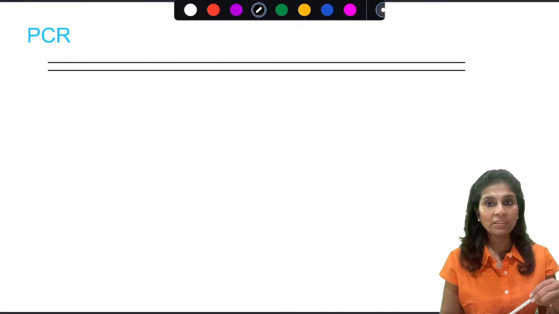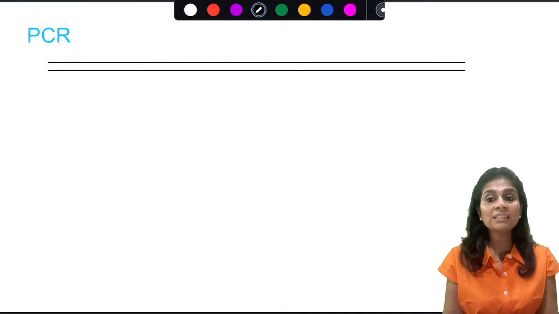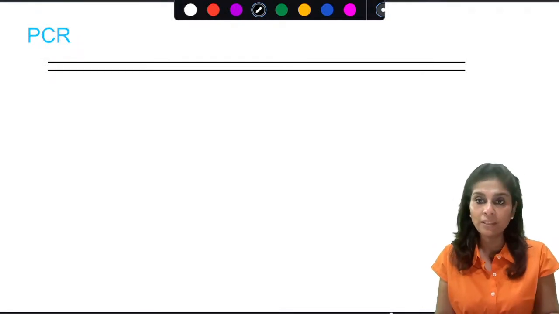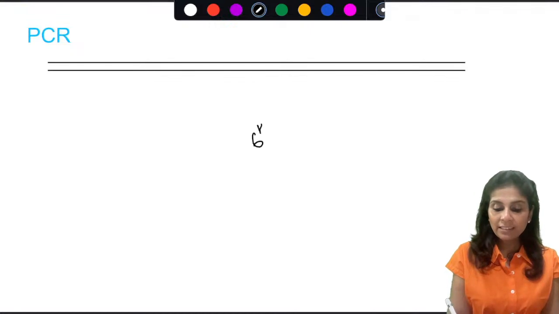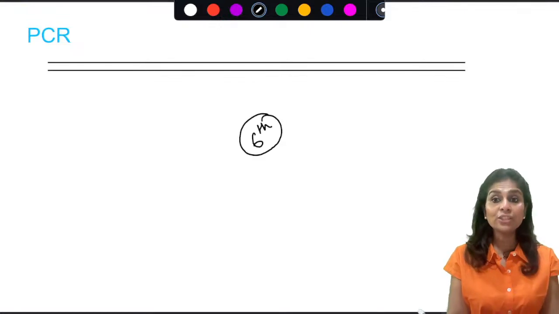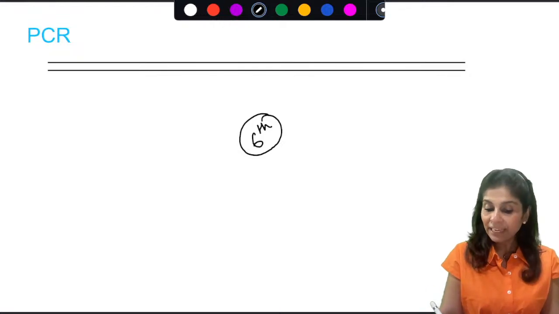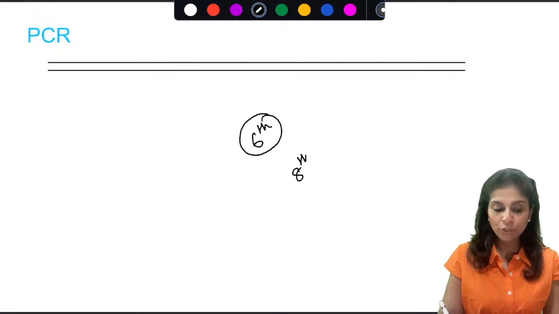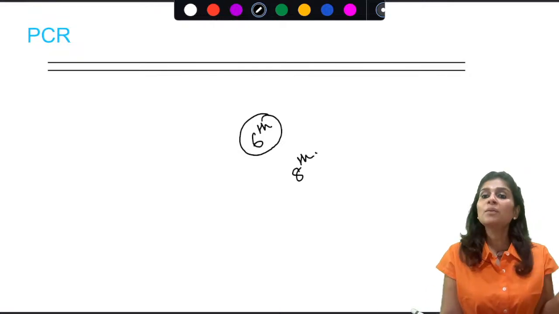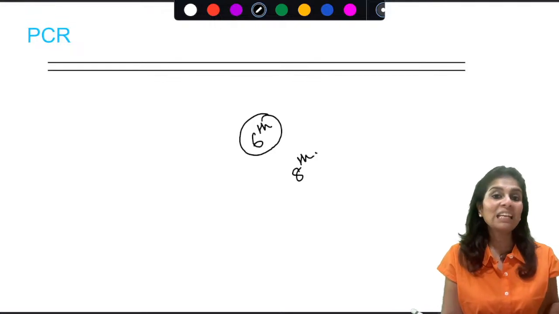So what do I mean by a known mutation site? All over the world, sickle cell anemia is caused only by mutation of the 6th codon, right? It's caused by mutation of the 6th codon of the beta globin gene. Do you ever say that sickle cell anemia in Asia is caused by a mutation of the 6th codon, whereas in Africa it is caused by mutation of the 8th codon, whereas somewhere else it's caused by mutation of an intron?